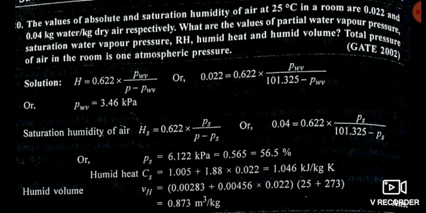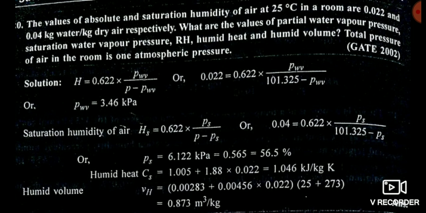Friends, absolute humidity is given, means we can calculate the partial water vapor pressure. All of you know that absolute humidity H is equal to 0.622 into PWV by P total minus PWV. Friends, absolute humidity will give partial water vapor pressure, and saturation humidity will give the saturation water vapor pressure.